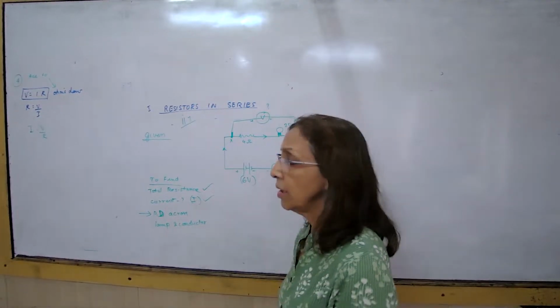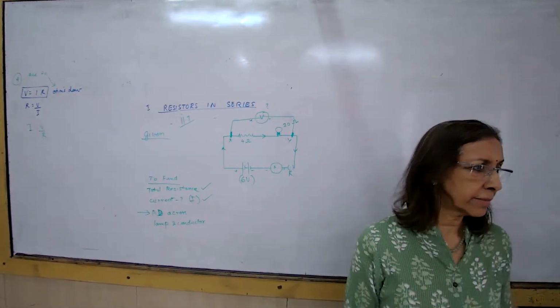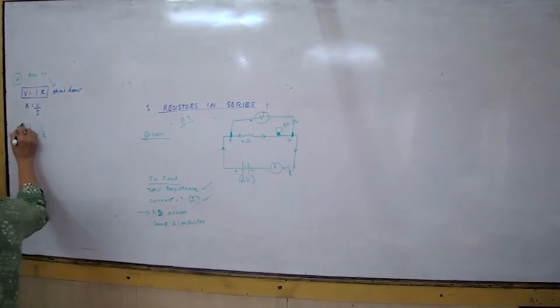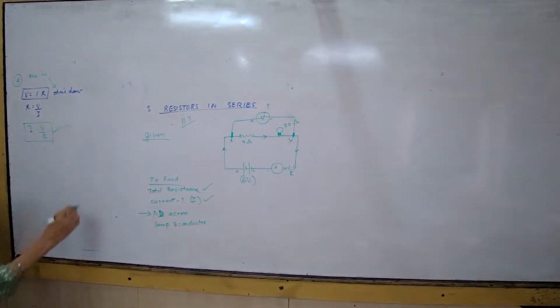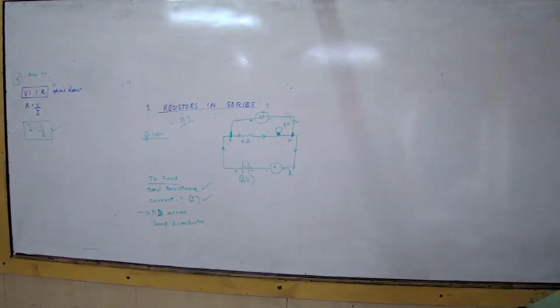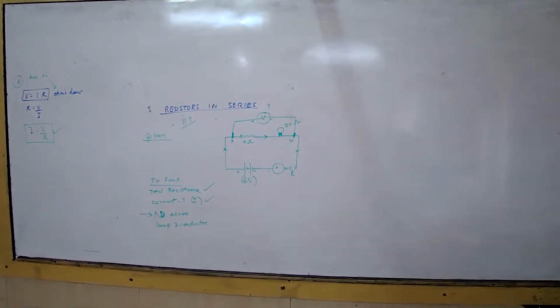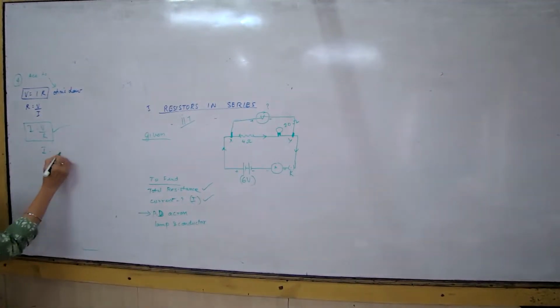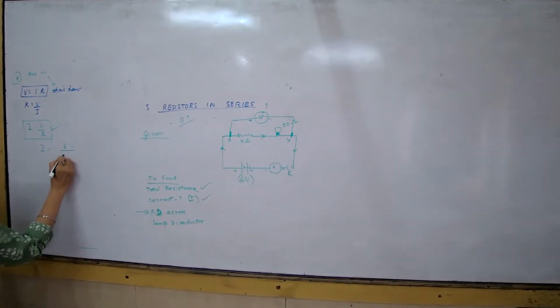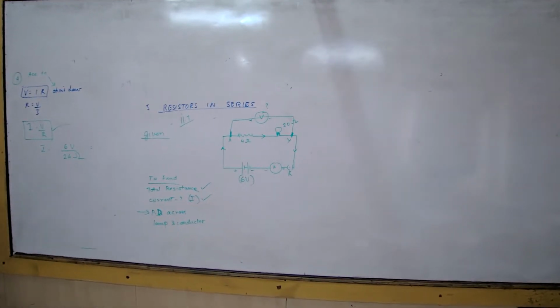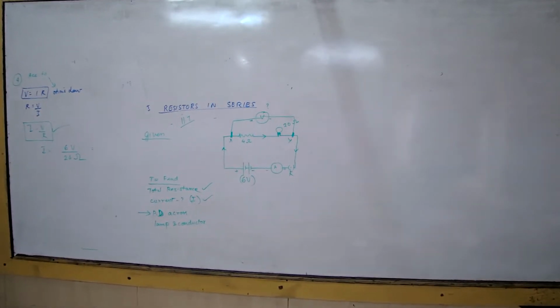Next is find current. Use Ohm's law. Come on, right now. Using Ohm's law, I is equal to V upon R. So I is equal to how much? V is 6 volt. R is 24 ohm. How much is that? 1 by 4. 1 by 4 is equal to 0.25.